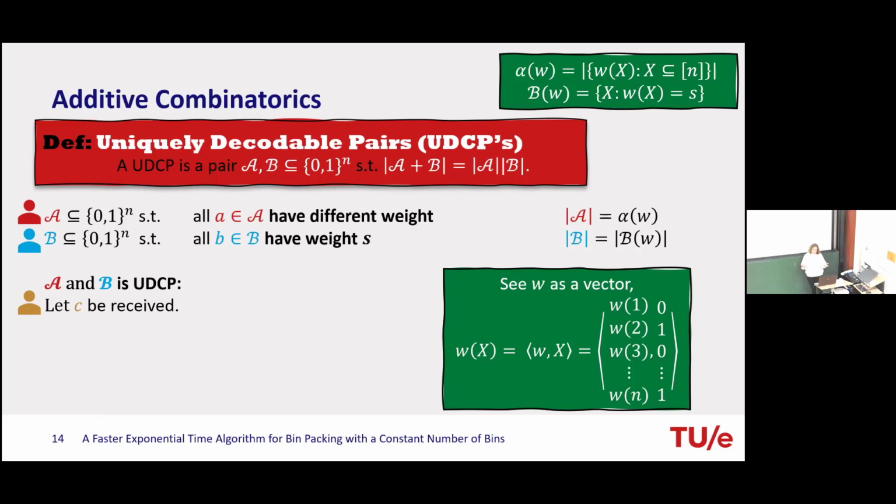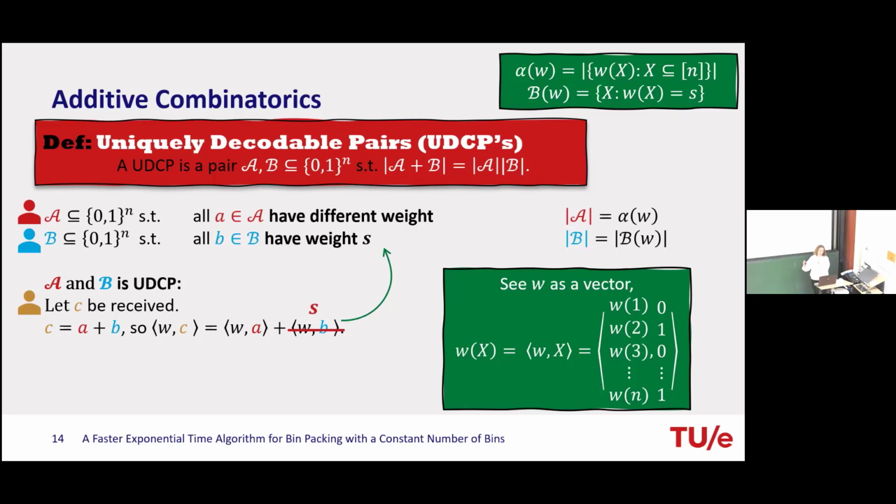So let's see the received message. The orange person receives C, and he knows it's a combination of A and B. And we also know that the weight function is just linear, so we know that it's a combination of some weight of A plus some weight of B. But we know what the weight of B is, because everything in B has weight S, so we also know what the weight of the thing in A is.